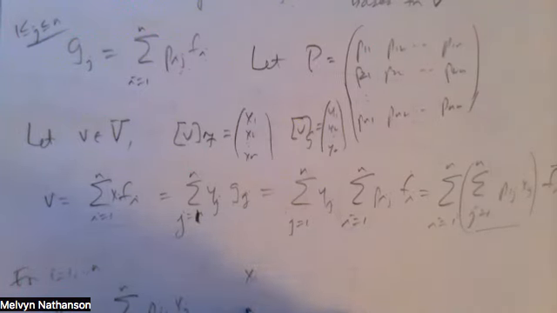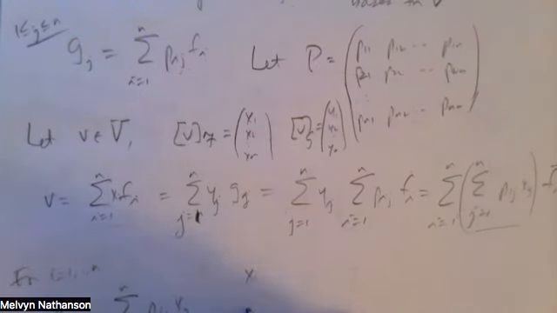So if I take x1 down to xn, that's a vector which is the summation of P_1j y_j down to the summation of P_nj y_j.